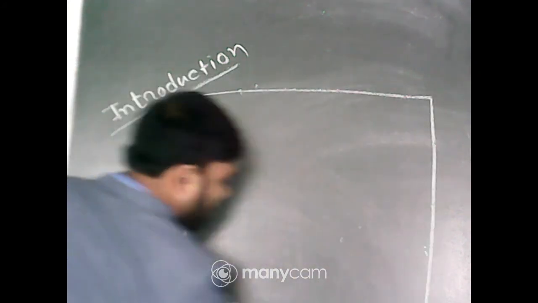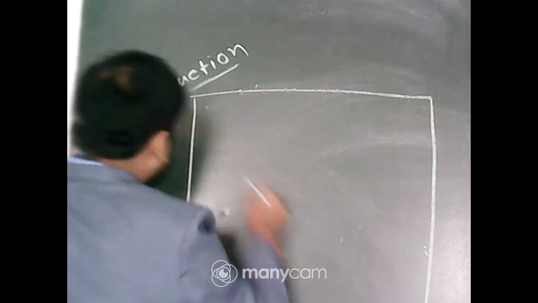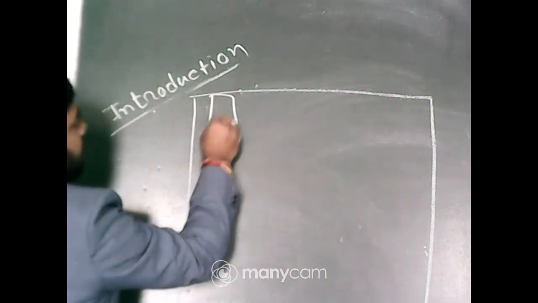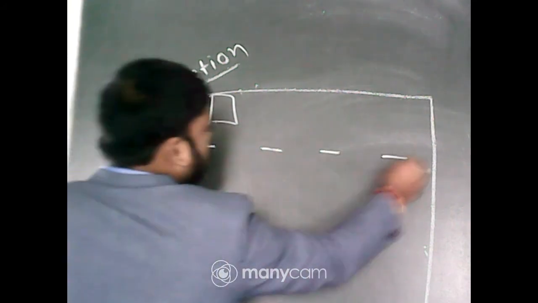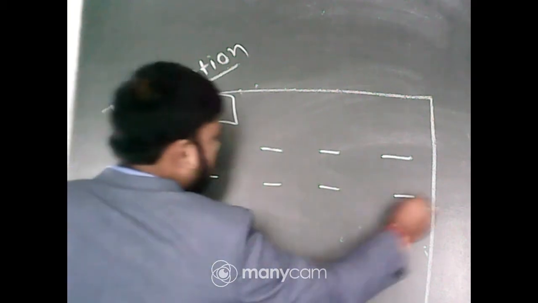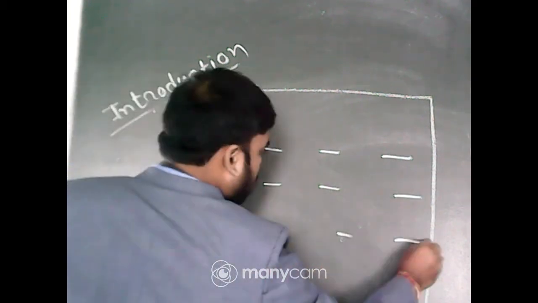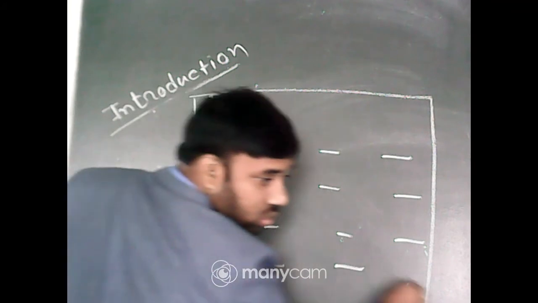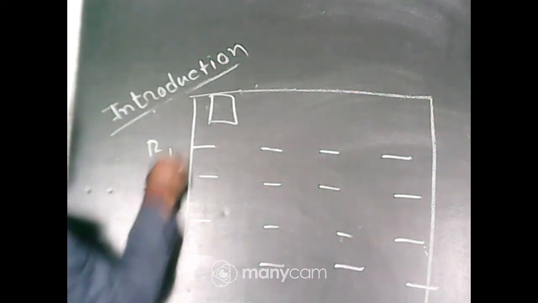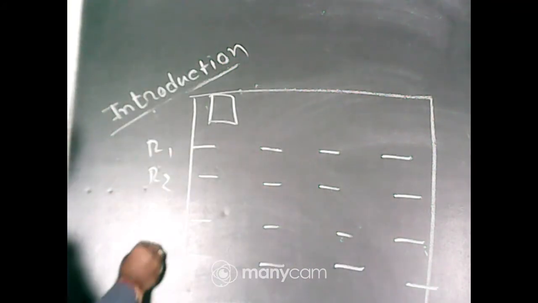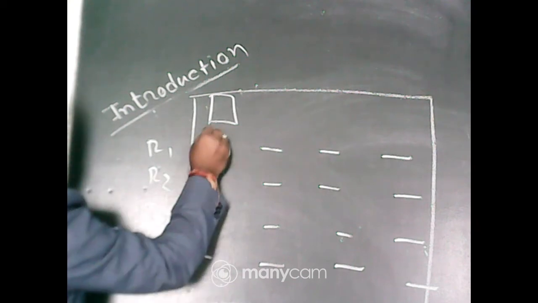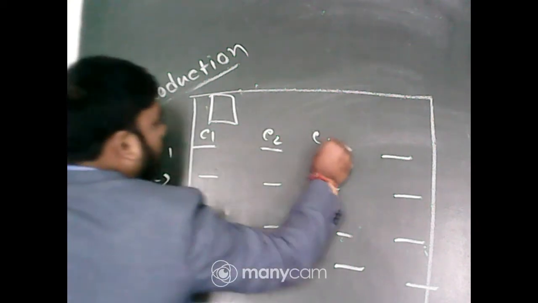This is your classroom. Teacher here. That is row 1, row 2, row 3, row 4. That is column 1, column 2, column 3 and column 4.